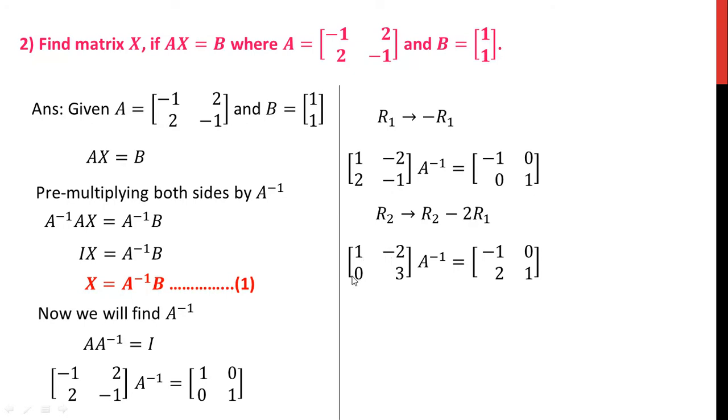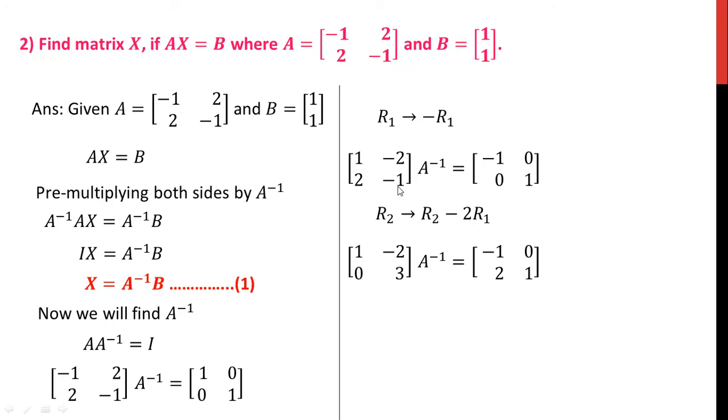Now in the second row, this is 2 minus 2 times R1. So 2 minus 2 into 1 is 2, so 2 minus 2 is 0. Then this is -1 minus 2 times -2, so it is +4. So -1 plus 4 becomes 3.